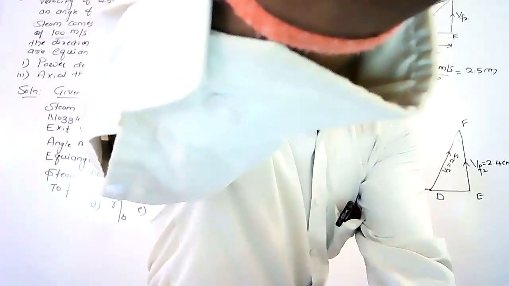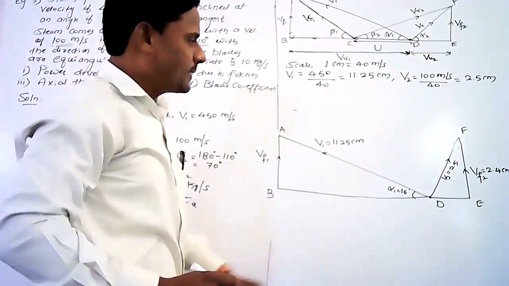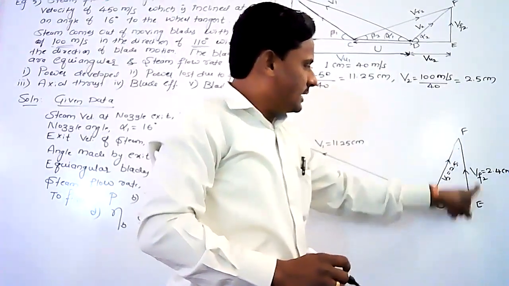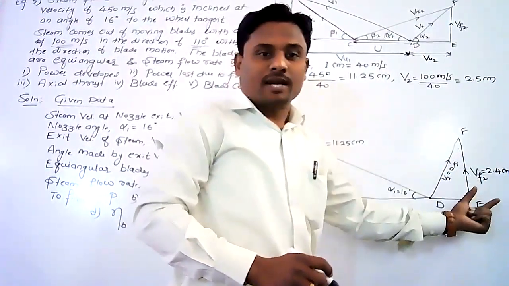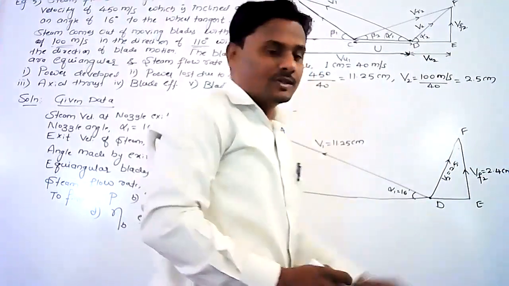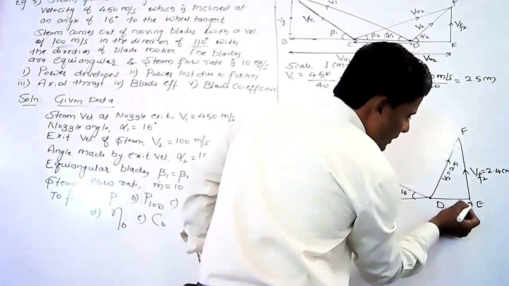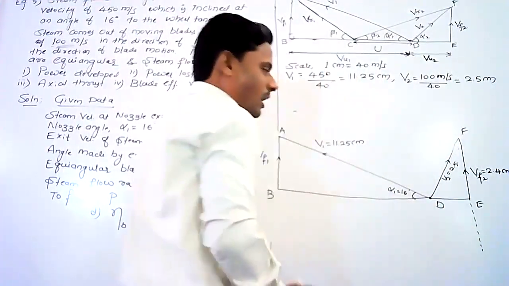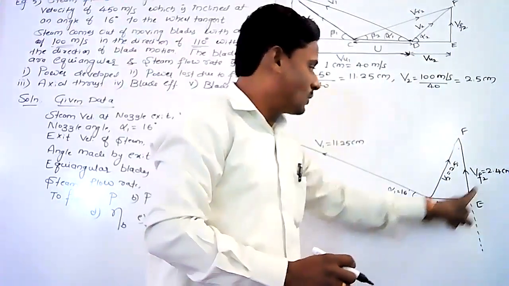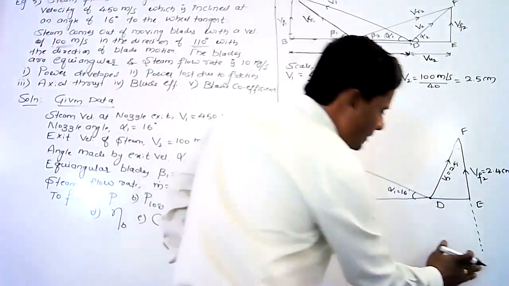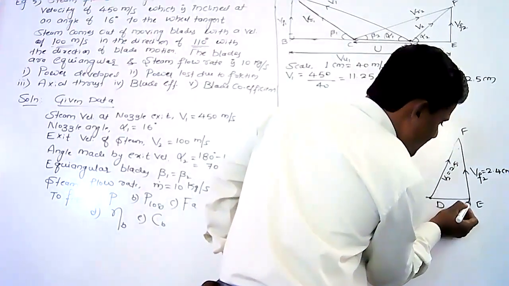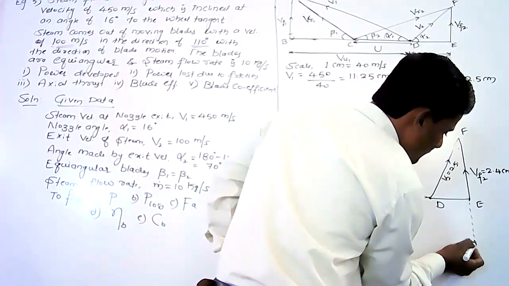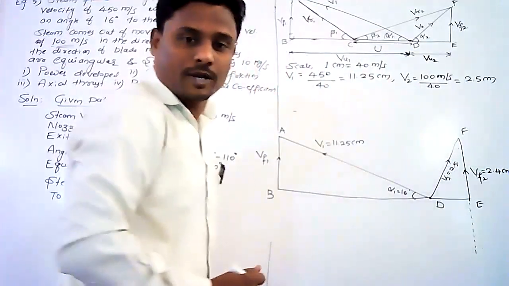Hope this is clear. I'll repeat it once again: measure the length EF, I'm getting it as 2.4 centimeters, and continue this line up to a length equal to 2.4 centimeters.